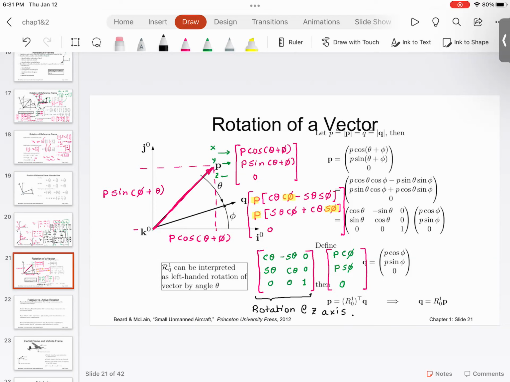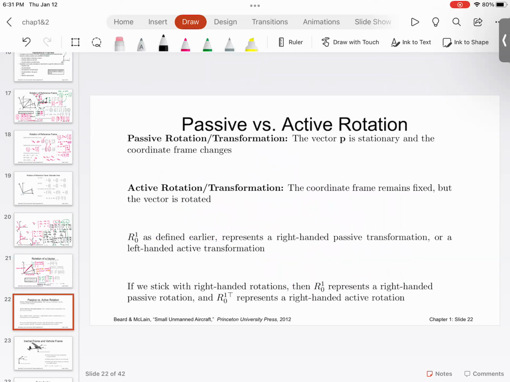Again, this is just another way of representing rotation. So you can derive rotation matrices using projections. You can derive rotation matrices using the components. This is an important concept wherein you have something called the passive rotation, and something called the active rotation. In the passive rotation, the rotation frame or the coordinate frame changes.